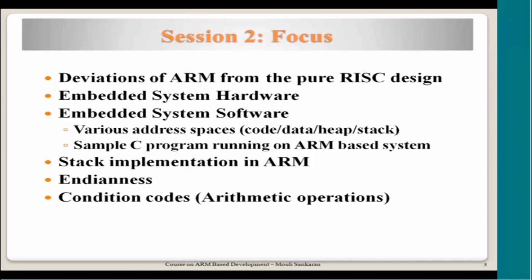The reason being, if you know the architecture and how it executes its own instructions, then we will be better programmers writing our software in high-level languages like C or C++. There is some critical piece of code which needs to be developed in assembly, and that could be done also and integrated with the C program or C++ code.